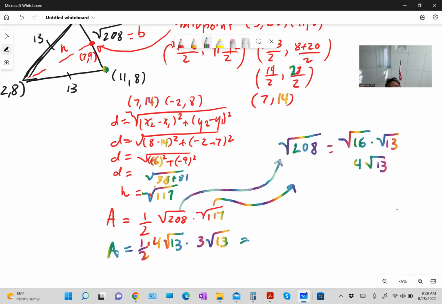So now we have 2 times 4 square root of 13 times this half times 12 times 13. What's 13 times 12? 156 divided by 2 is what? Yay. So be careful with your arithmetic. It can set you back.